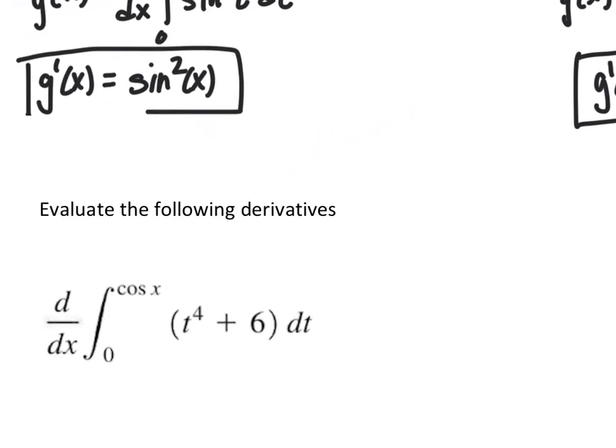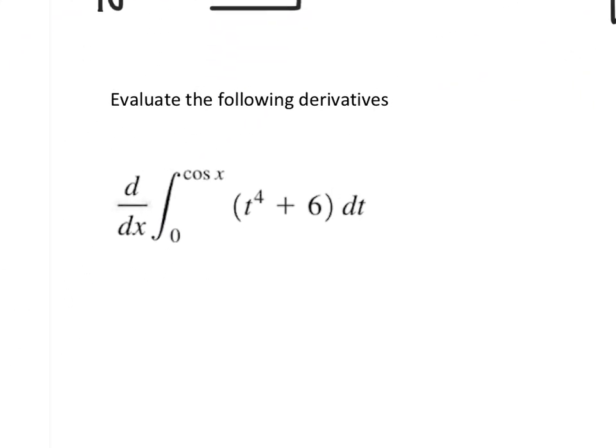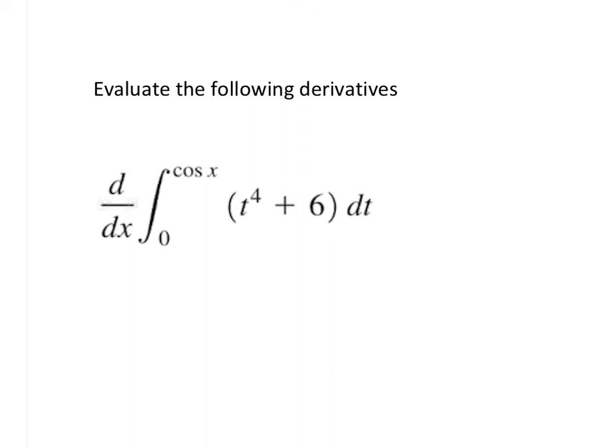Let's take a look at this next one. Now, this is a little bit different, because it's asking me just to take the derivative of this integral, but I don't have an x here. I have another function, the cosine function.